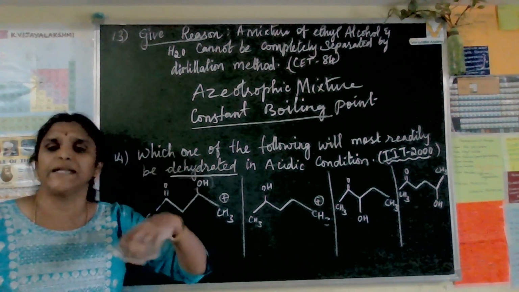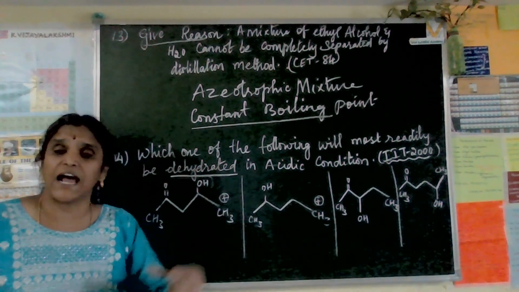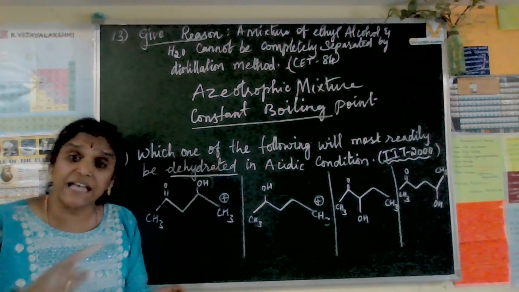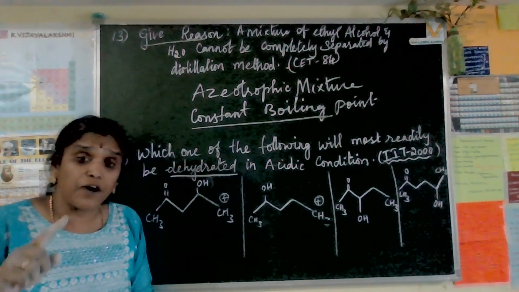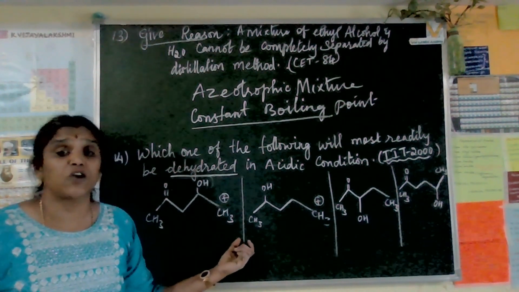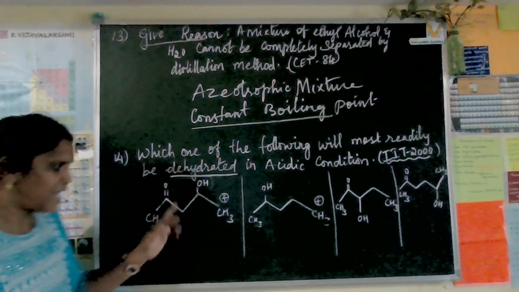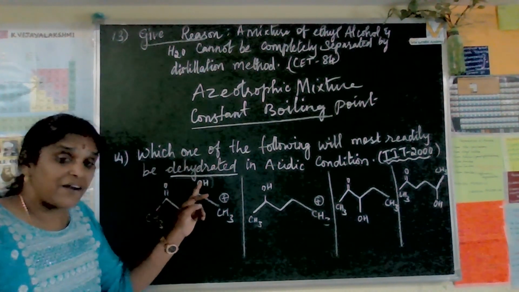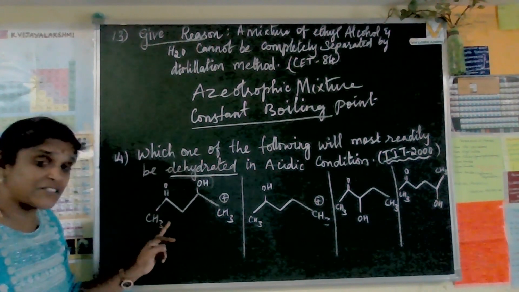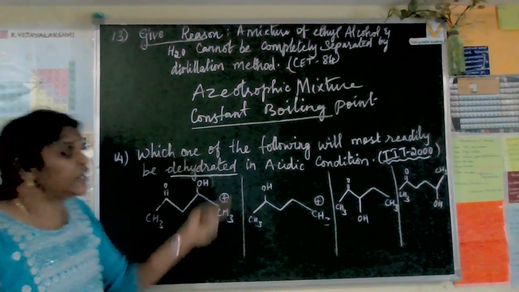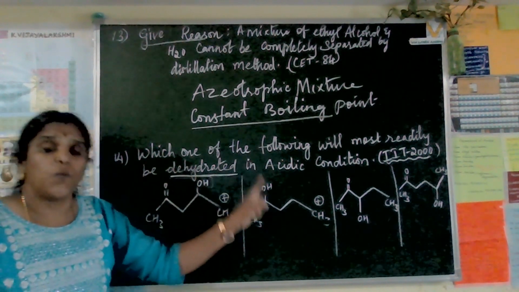So on dehydration you easily get an alpha beta unsaturated compound, that is, alpha beta unsaturated aldehydes or ketones will form. I'll tell you once again, beta hydroxy aldehydes or beta hydroxy ketones readily undergo dehydration. Why?